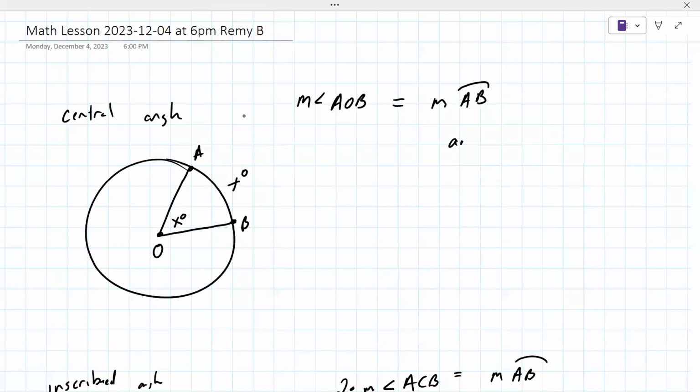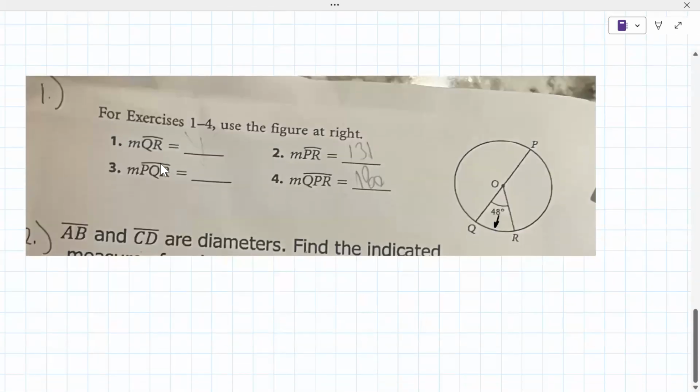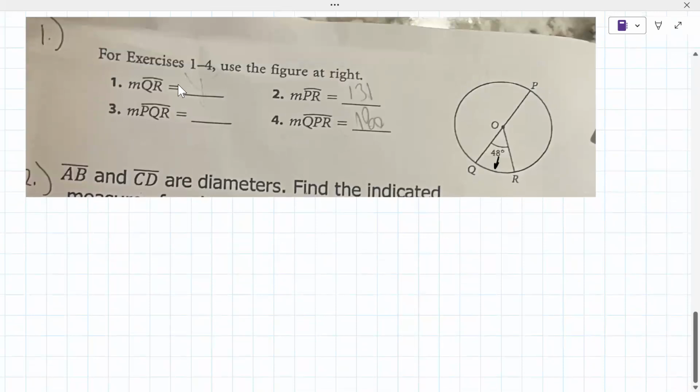AB is the other side of the central angle. It's called the intercepted arc, which isn't super important, but they're the same. Equal means they're the same. So Q to R would be 48 degrees. Okay.